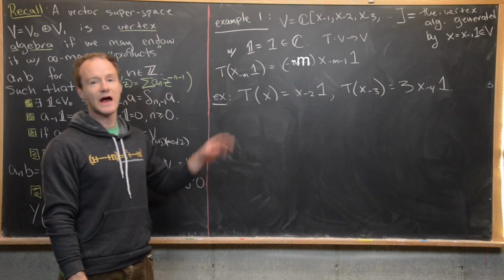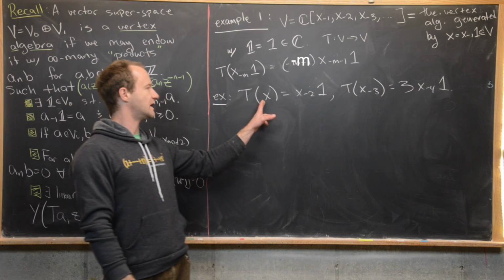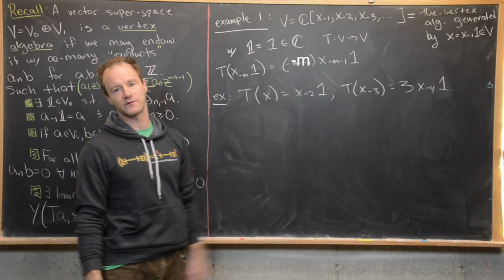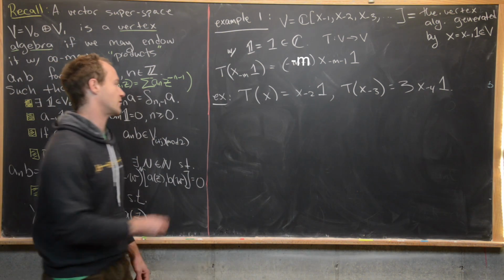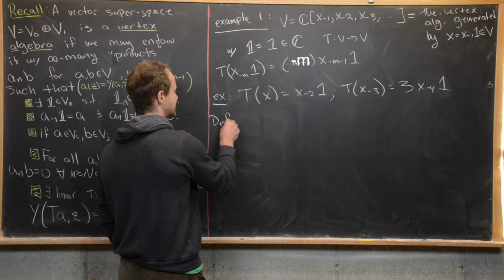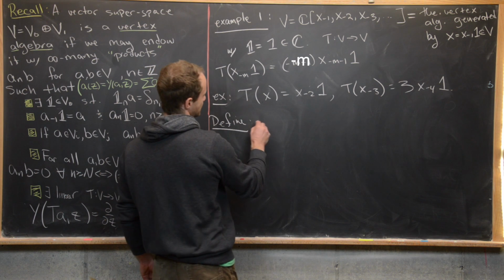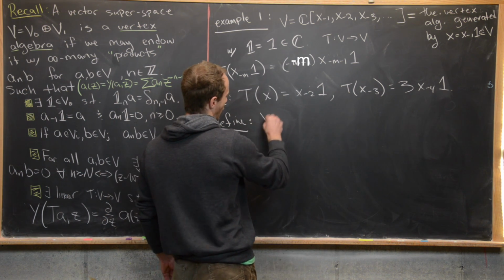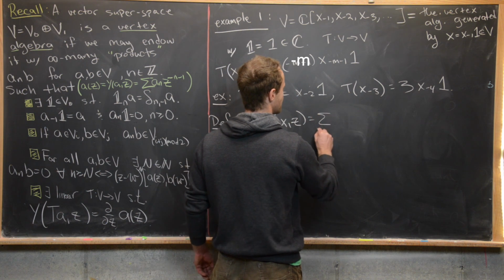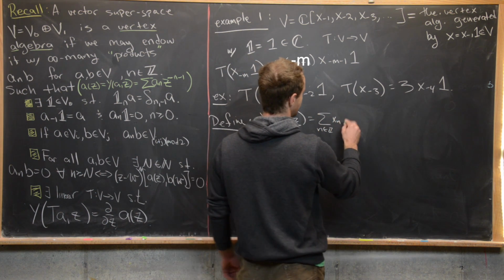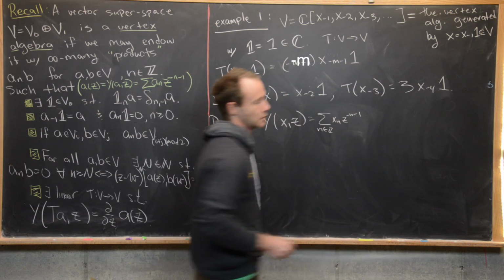Okay, great. So now that we've got a handle on T when it attacks linear terms from our vertex algebra, let's talk about how to define the vertex operator. So here we're going to define Y of x, z. So this is going to be the sum over all integers of x_n z to the minus n minus 1.